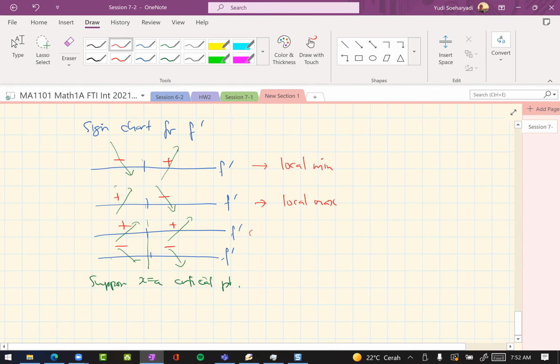These two are neither max nor min. Neither max nor min. Okay, so let's do some more examples after this. Okay, so let's take a break for 5 minutes and then we'll start again.